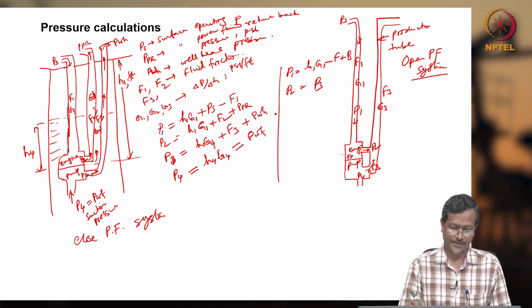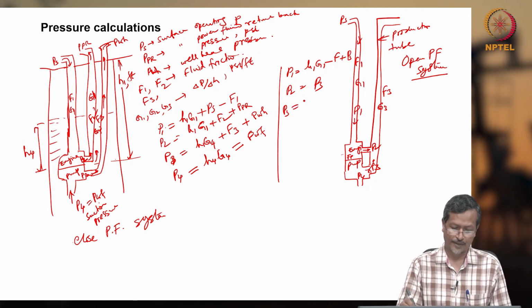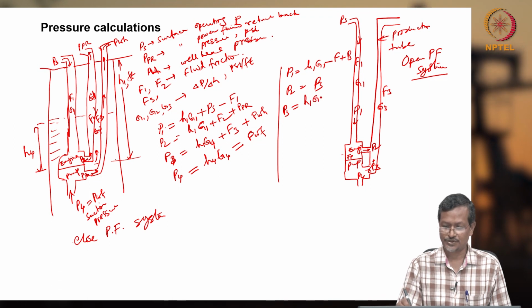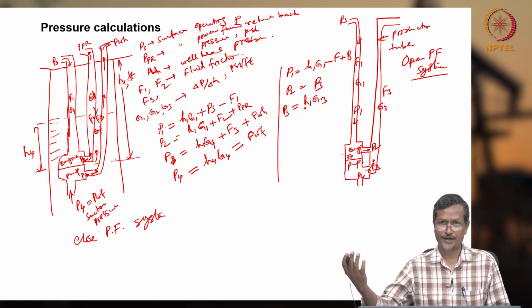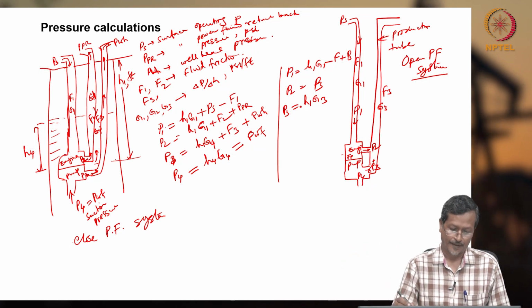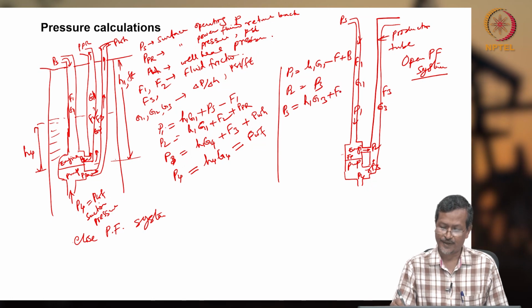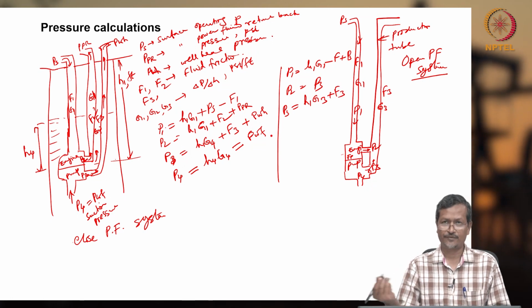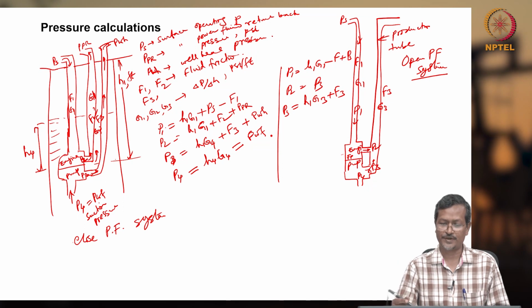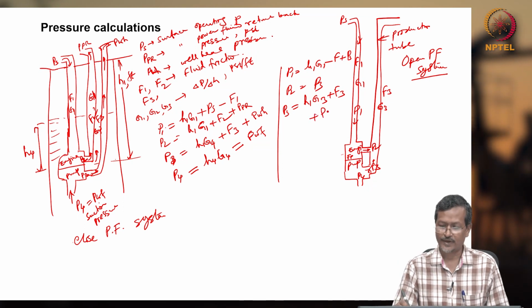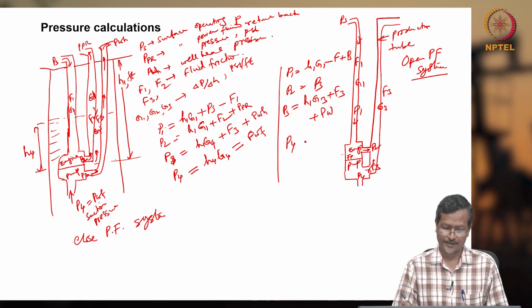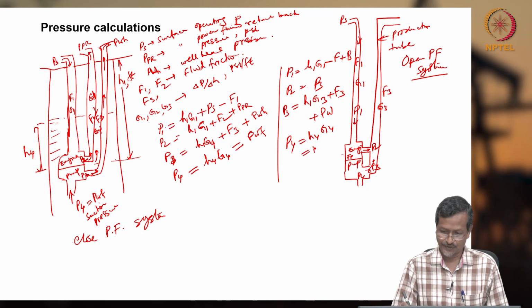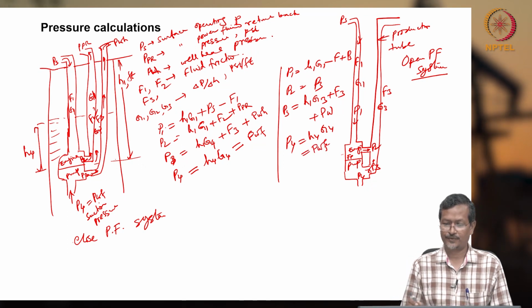So P2 and P3 are the same, and how to calculate P3? H1 G3, the same column height but your fluid gradient is changed, plus friction will be acting, because the flow rate will be different, so the friction value also will be different, plus wellhead pressure. And P4, again the suction side, equals H4 G4 equals flowing pressure.